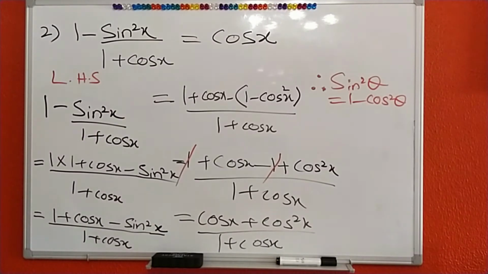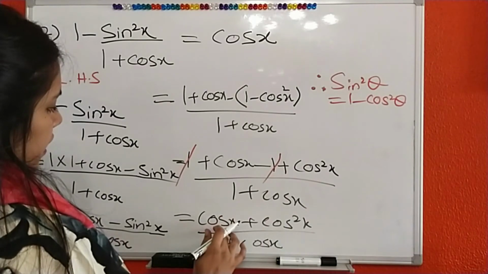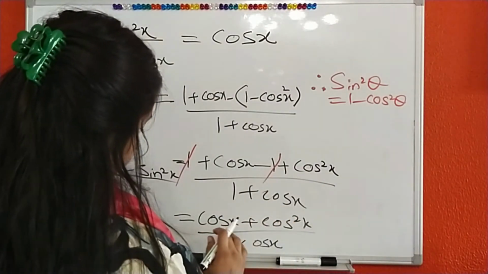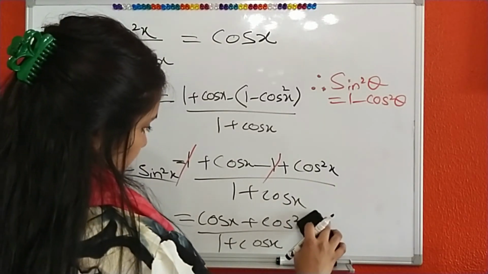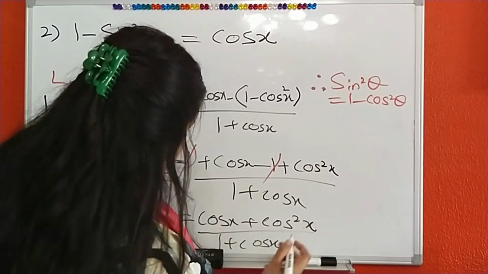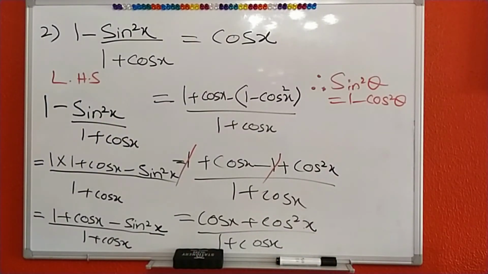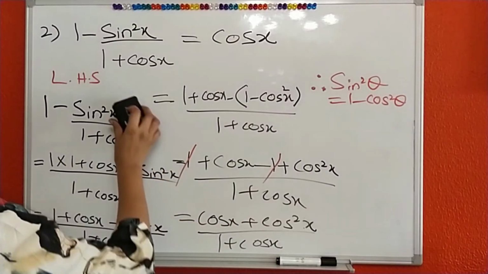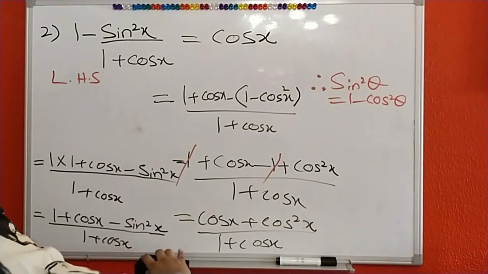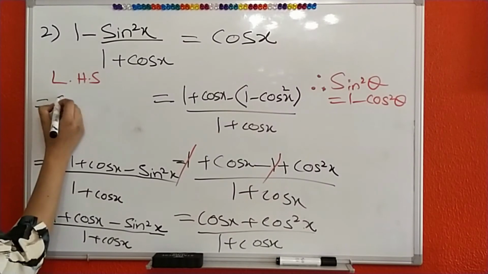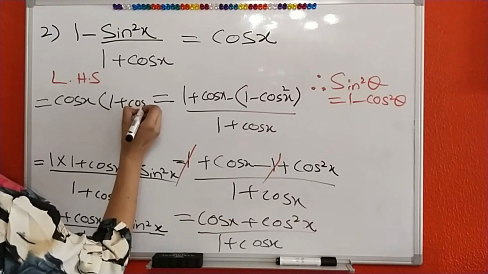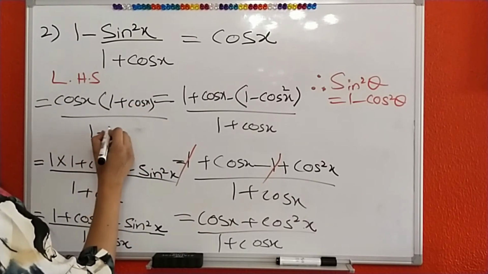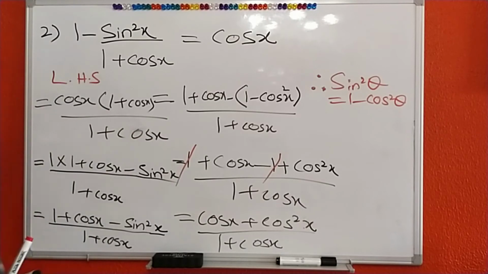Now what should I do? You can see in the numerator the cos x is the same, so I am going to take cos x common. I need to erase this step. So it is cos x times (1 plus cos x) upon (1 plus cos x).